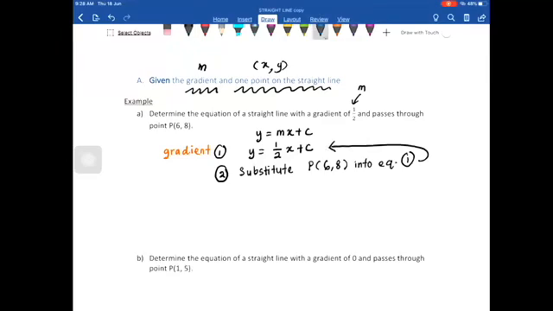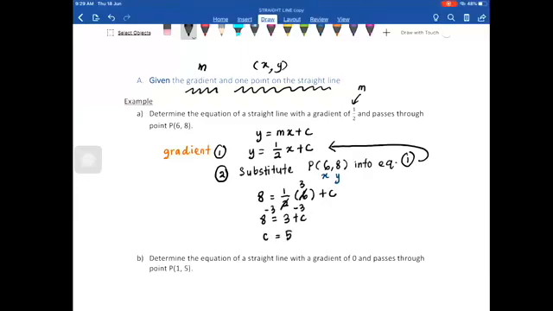So I just substitute. So 8 equals to 1 over 2 times 6 plus c. So this I can simplify. So 8 equals to 3 plus c. So minus 3, so c is equals to 5.